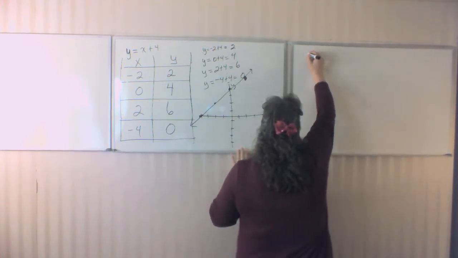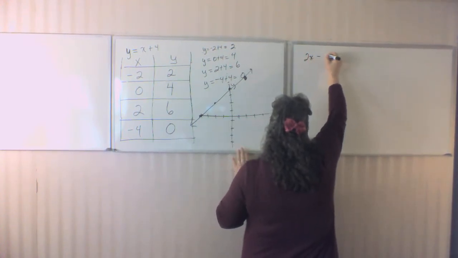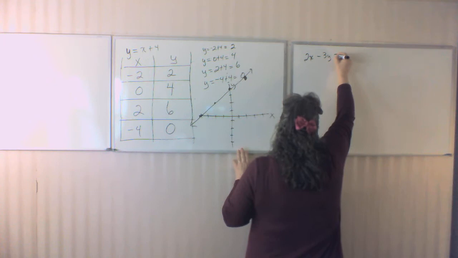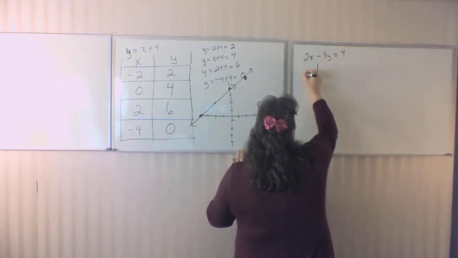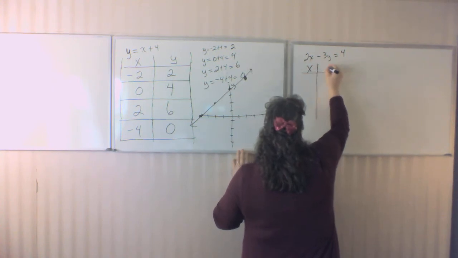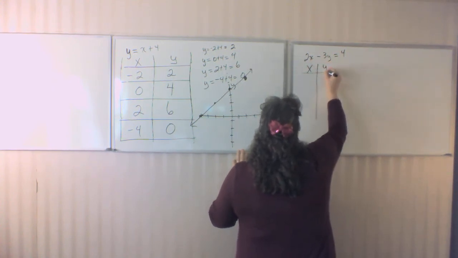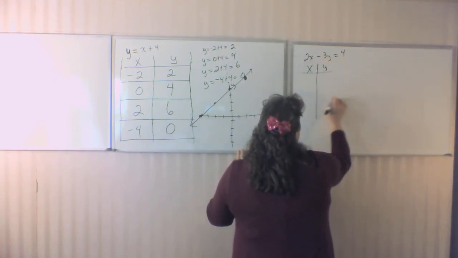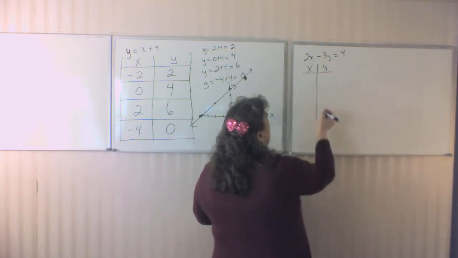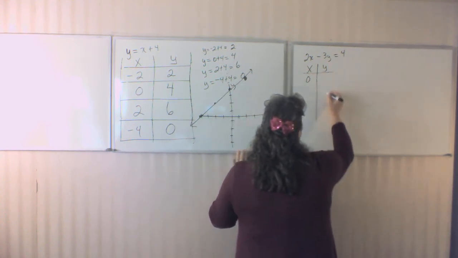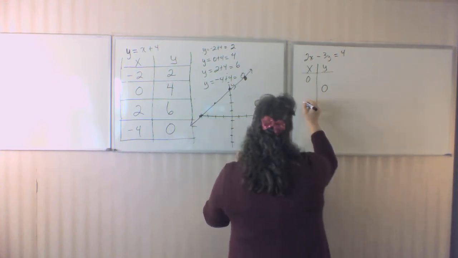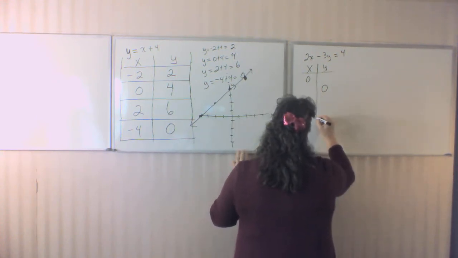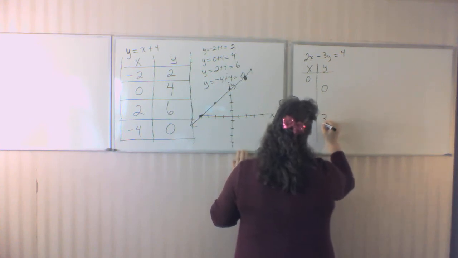If I had an equation 2x minus 3y is equal to 4, I can just do what's called a simple t-chart with an x and a y. And make sure you keep them lined up. Okay, so I can put a 0 in for x, I can put a 0 in for my y, I can put a -1 in for my x, and how about a 3 for my y?